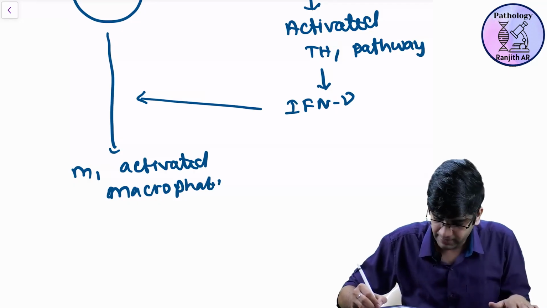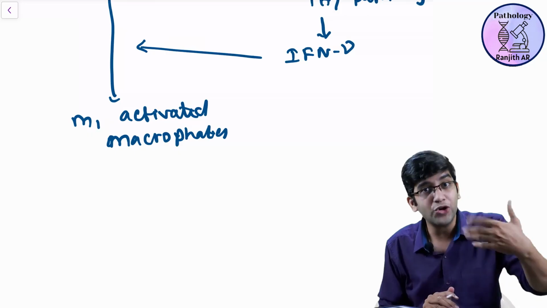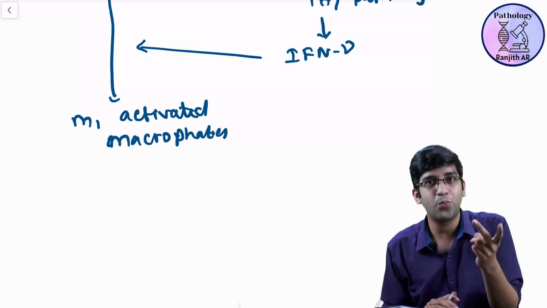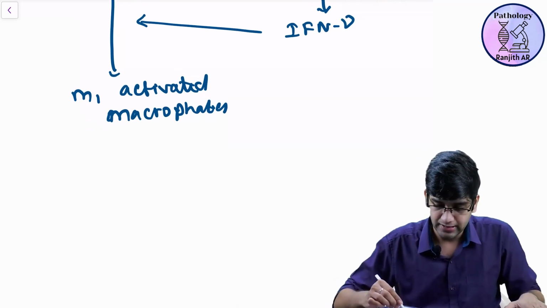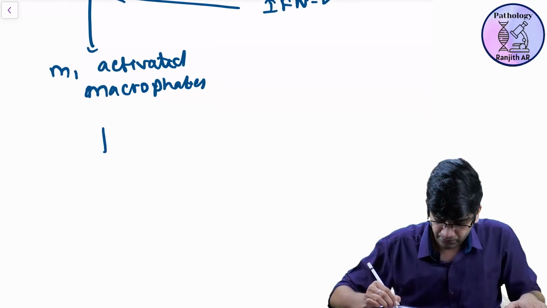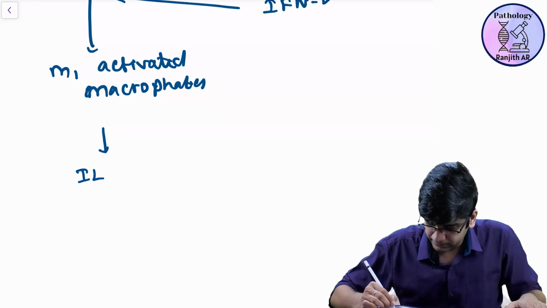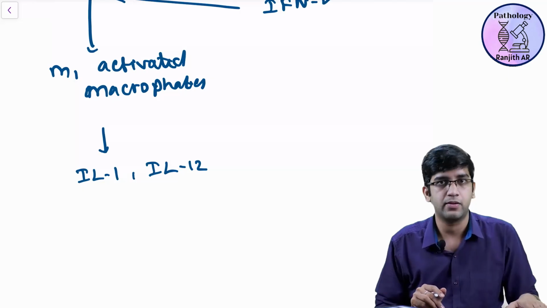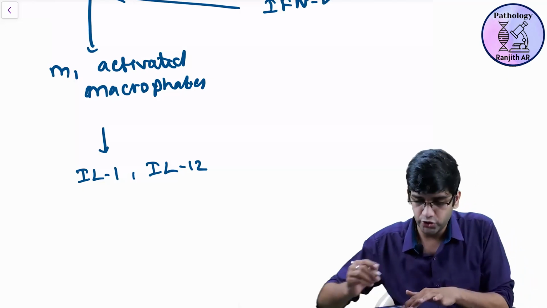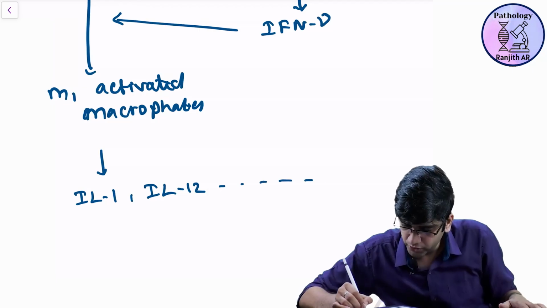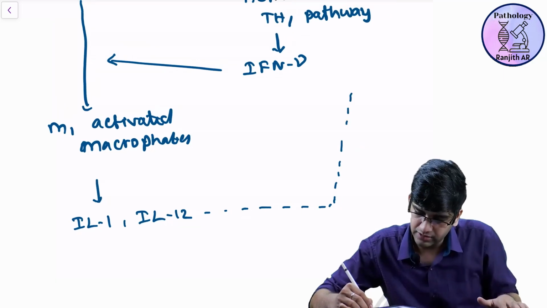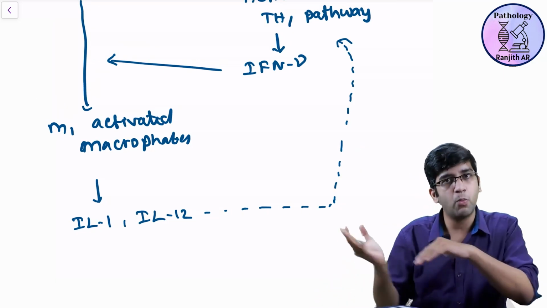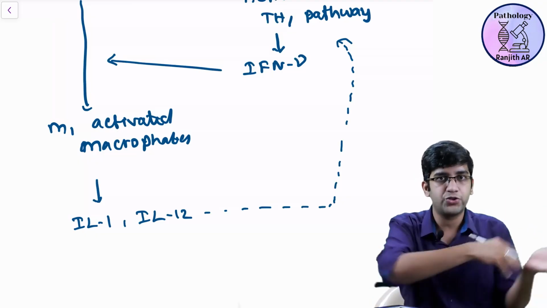This M1 activated macrophage is going to secrete more interleukins. We saw interleukin 1 and 2 and a few other cytokines. The M1 activated macrophage, we know its function, is going to secrete interleukin 1 and interleukin 12. Interleukin 12 is going to act on my CD4 cell to produce more interferon, to convert more macrophages to activated macrophages.